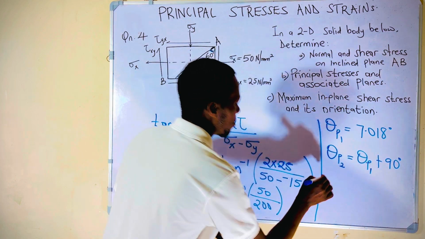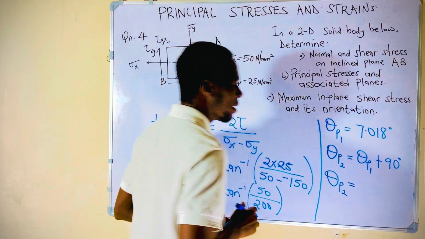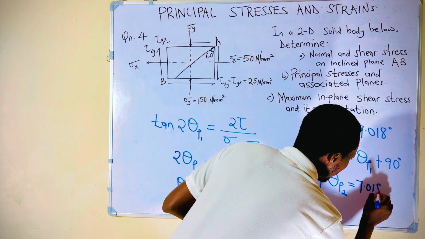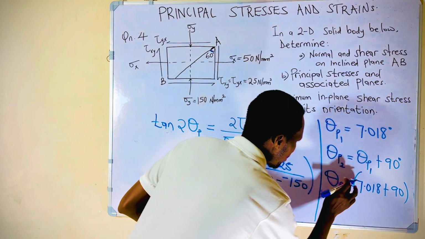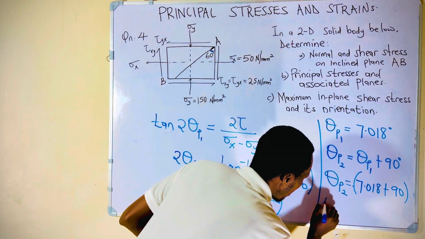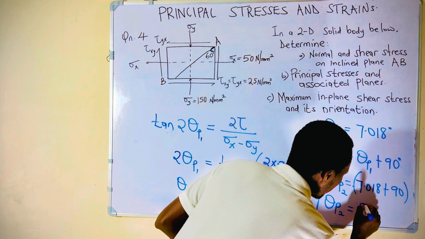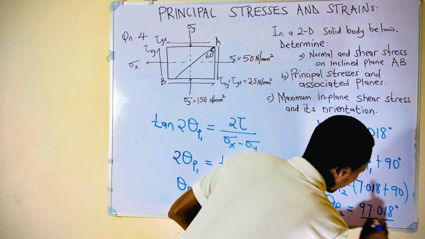Okay? So the second angle, theta P2, simply is going to be equal to 7.018 plus 90. Then my answer is that theta P2 is equal to 97.018 in terms of what? Degrees.